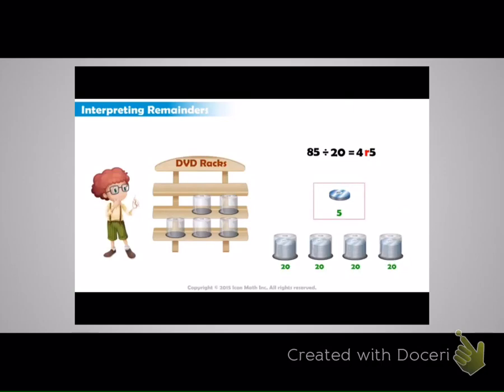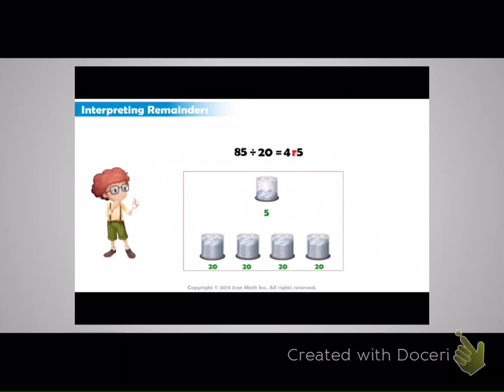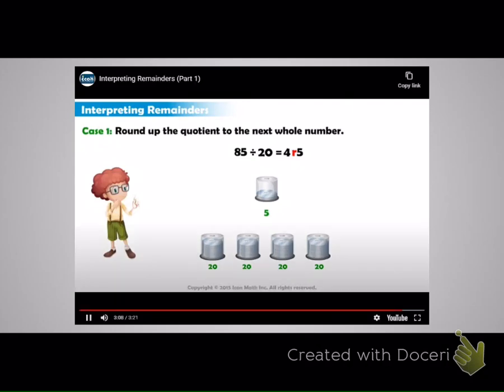The remainder of 5 indicates that Alex will need to buy 1 more DVD rack to ensure that all 85 DVDs are on racks. Even though the last rack only has 5 DVDs, Alex needs all 5 racks to fit all 85 DVDs. In this word problem, we interpreted our remainder and determined that we needed to round up the quotient to the next whole number.